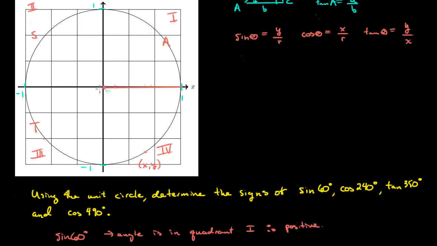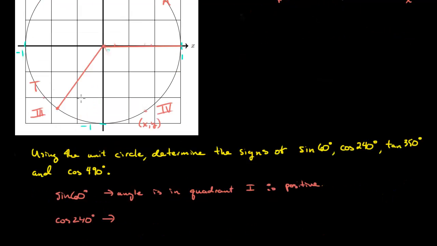So we are going 60 degrees past 180 degrees to get 240. So that's in quadrant 3. In quadrant 3, the cosine, the x value, is negative. So since the x value is negative in quadrant 3, that means that cosine of 240 should be negative because it's in quadrant 3.